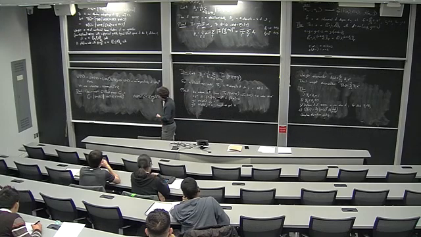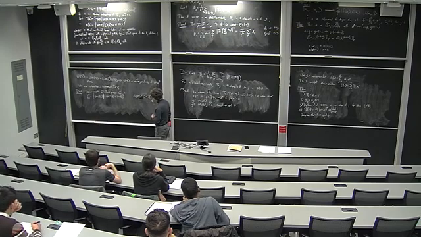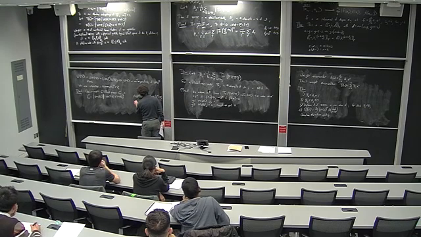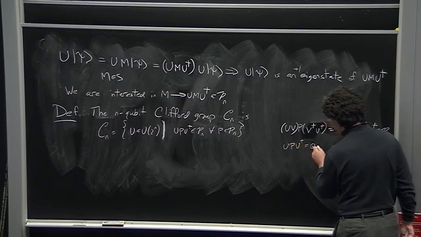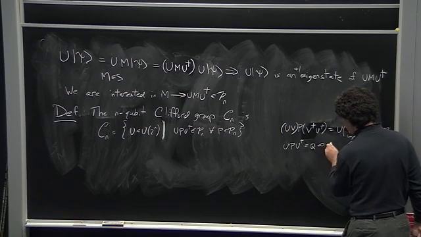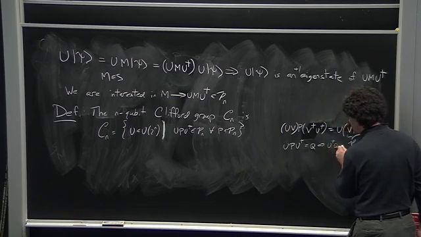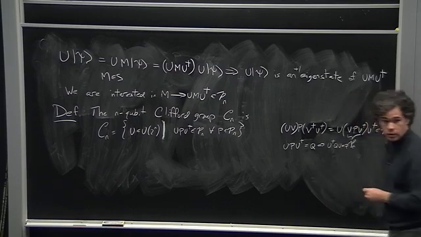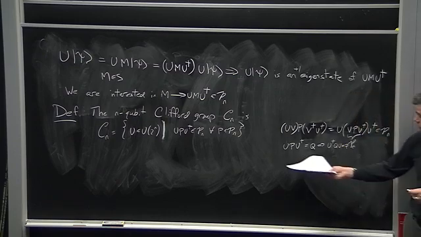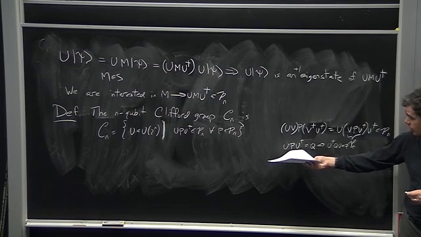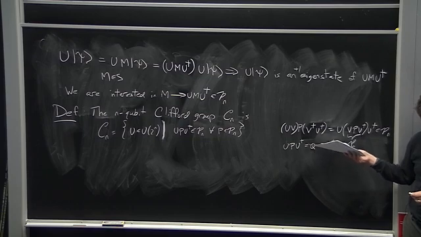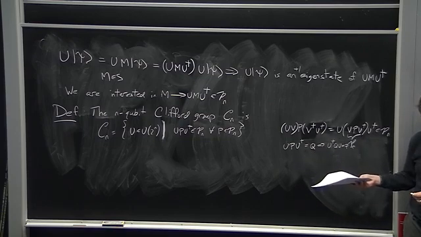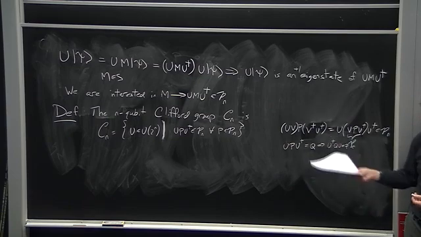Okay? And so the other thing is if U P U dagger is equal to Q, then that implies that U dagger Q U is equal to P. And so this shows that U dagger is also in the Clifford group when U is in the Clifford group. And so these two properties tell you that it's a group.